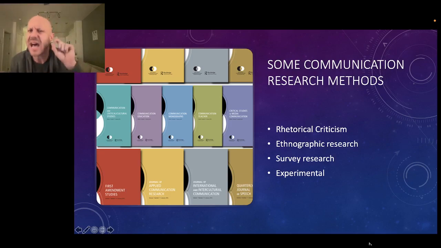And perhaps is eye contact the reason for the difference between the two? So you're conducting a scientific experiment in order to try to establish some sort of cause and effect relationship. So those are four major communication research methods.